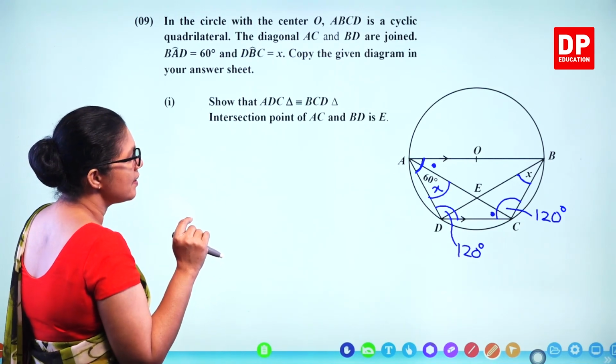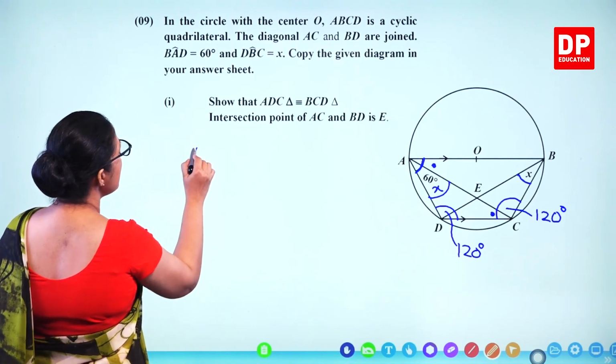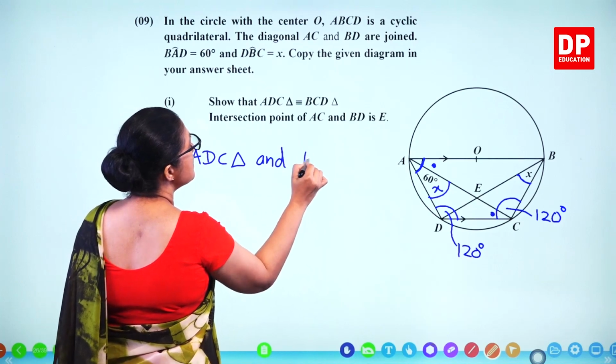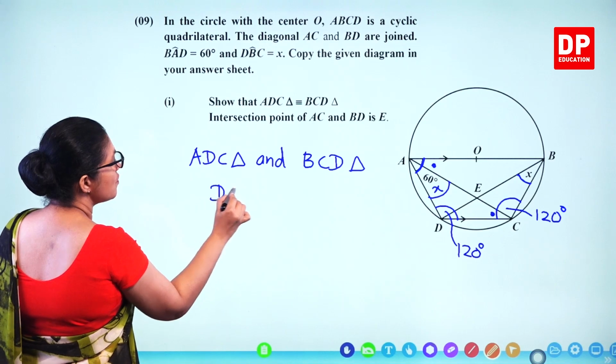So let's do that. We can write first. We are taking triangle ADC and triangle BCD. DC is common.